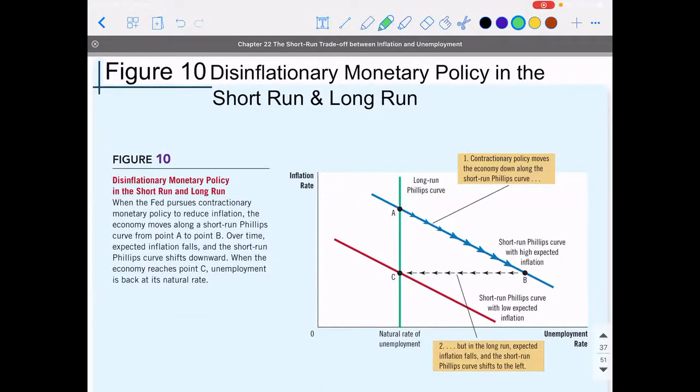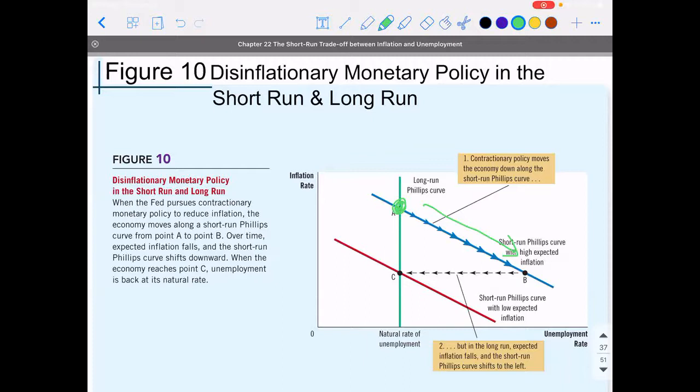Now, if we do nothing, basically the economy could end up fixing itself. If we start out at A and the economy starts to contract, then we would travel along that aggregate demand curve.